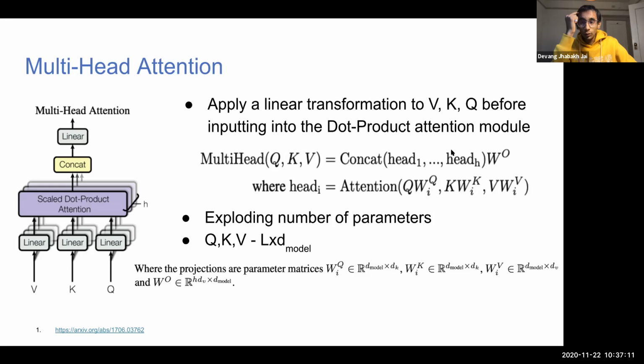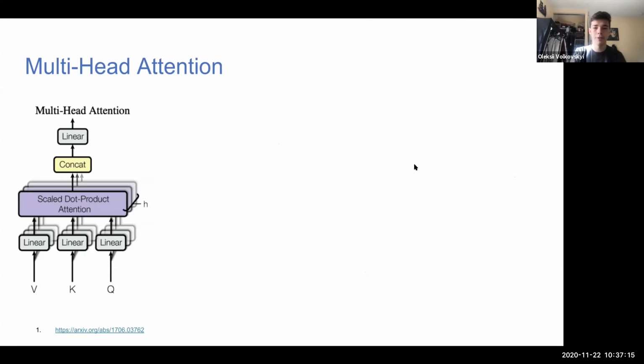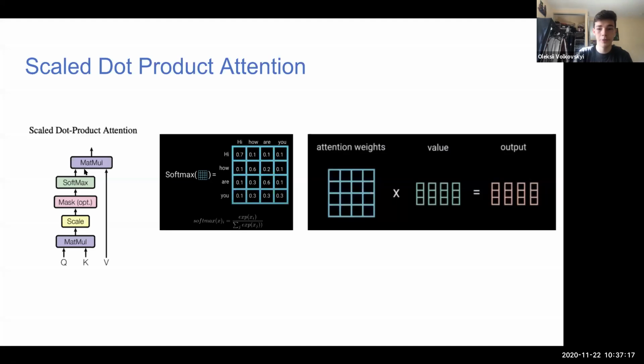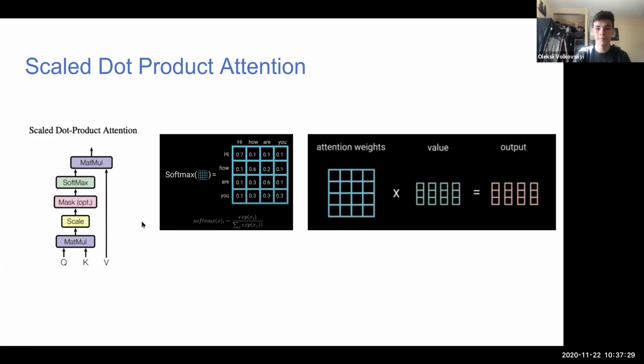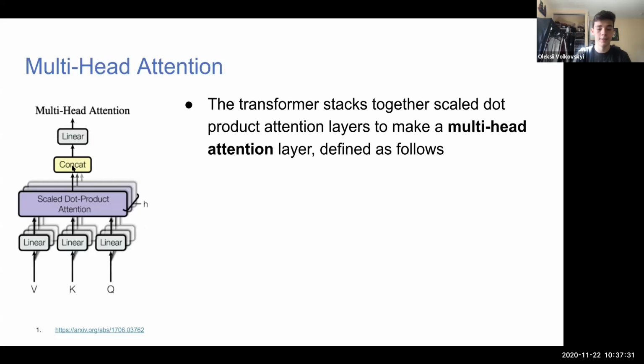Wait, do we concatenate or add? Concatenate. The output of each head is, the Q and K compute this softmax mask, right? They compute the attention mask, and then you multiply it by values, and as you can see, the output of each of these scaled dot product attentions you concatenate.